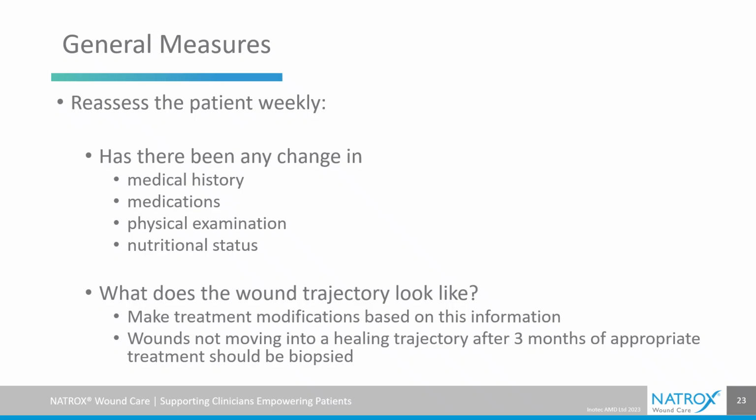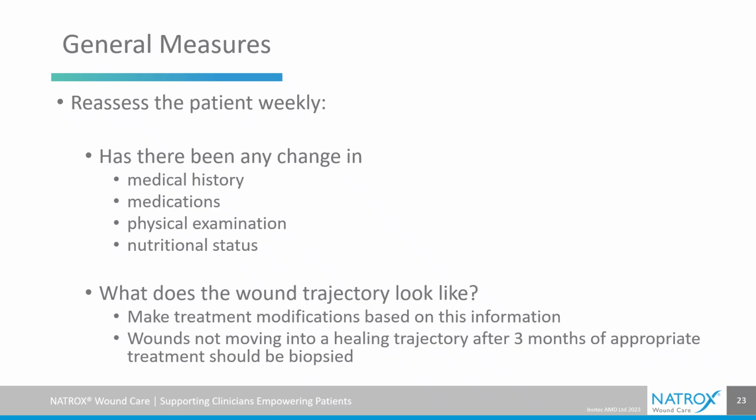General measures: reassess the patient weekly. Has there been any change in their medical history, medications, physical exam, and nutritional status? What does the wound trajectory look like? Make the treatment modifications based on this information.